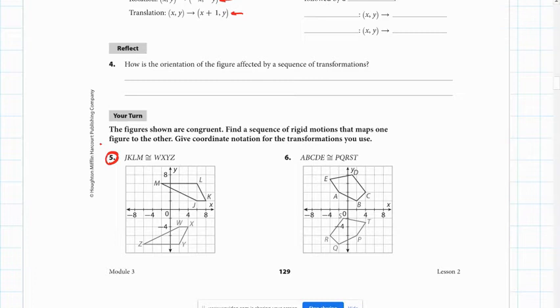So this mapping, if we start with the figure on the top, if we reflect across the x-axis, it goes to here.